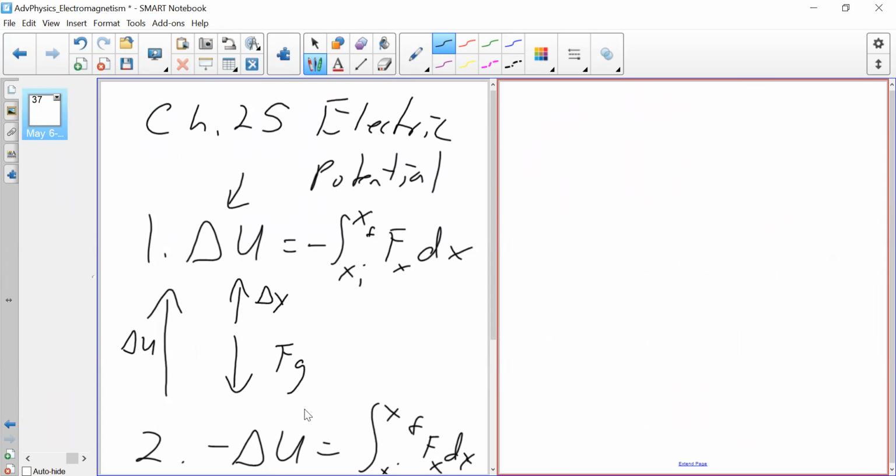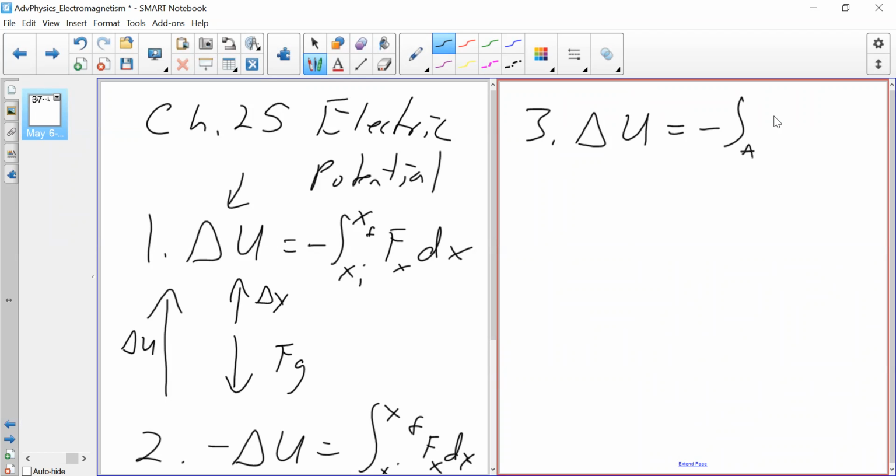So going further, in terms of gaining potential in an electric field, I changed my force expression to the electric force.